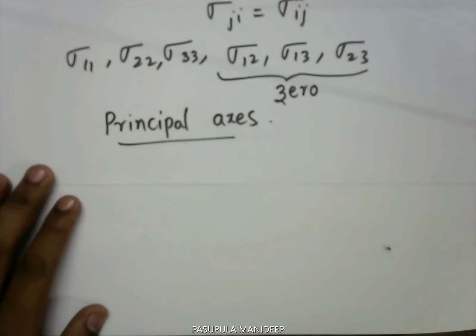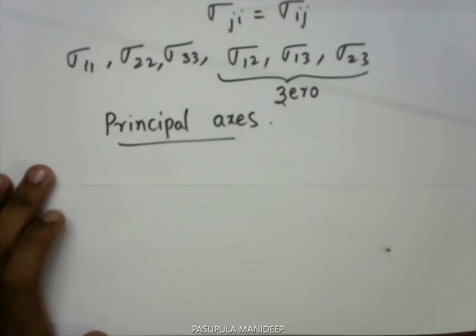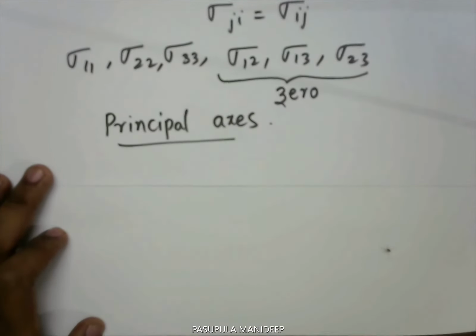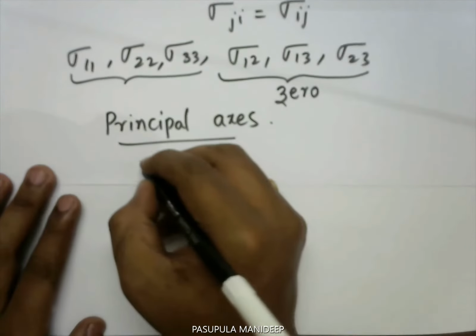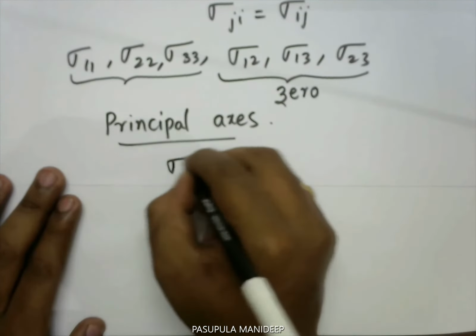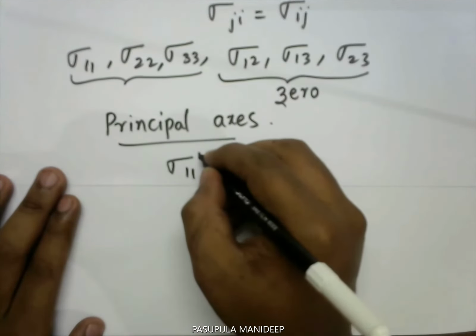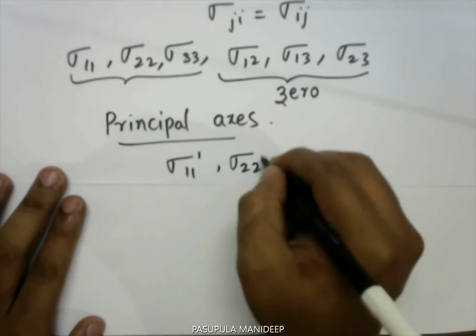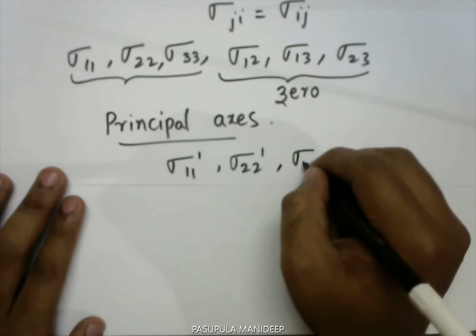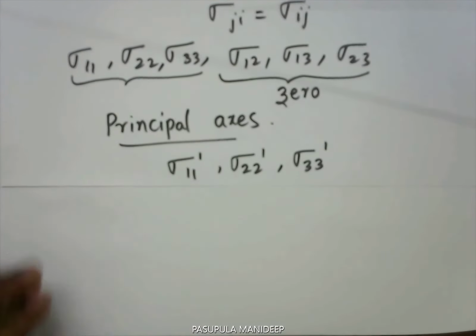Now in such a reference frame of the principal axes, the diagonal components become principal stresses, which are denoted by a small prime: sigma 11 prime, sigma 22 prime and sigma 33 prime.